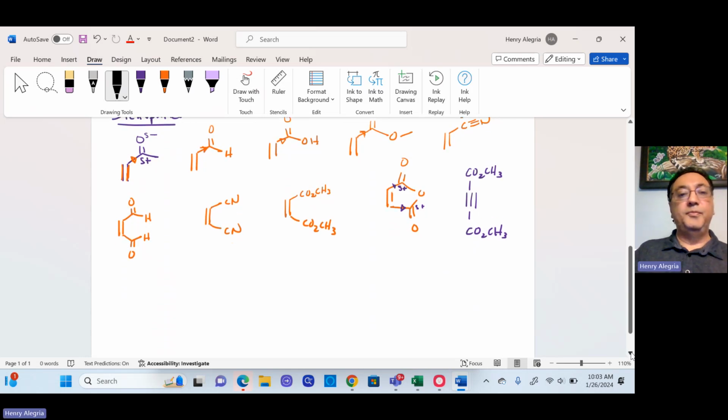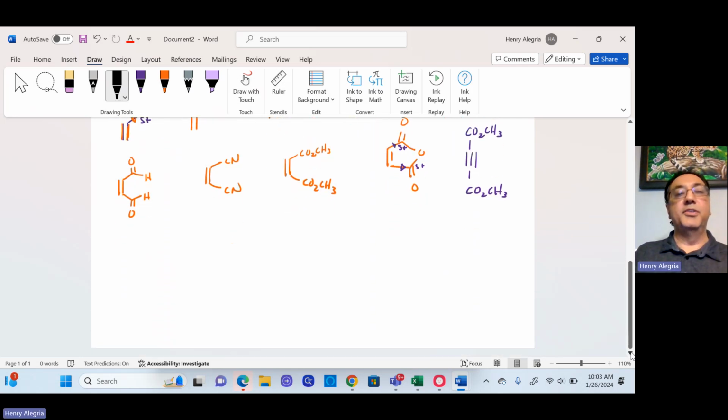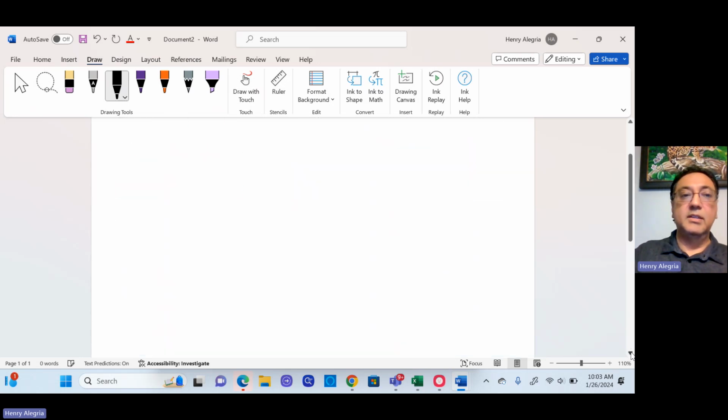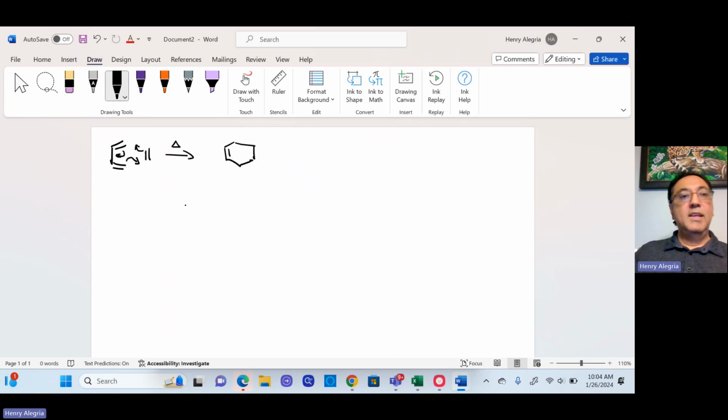Now, another feature or requirement of your Diels-Alder reaction. So let's remind ourselves, put our basic Diels-Alder, which is this, reacting with that, electrons move over, and move over, and they do so when you warm this, and you end up getting your product here.